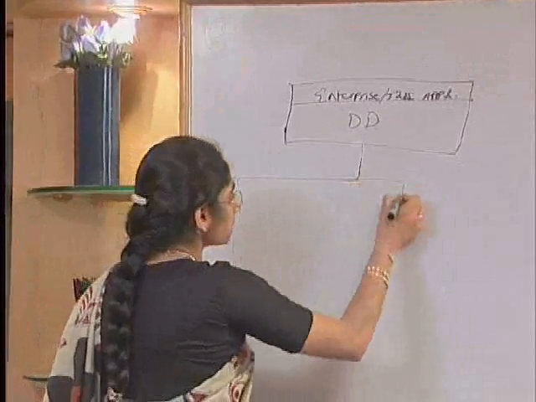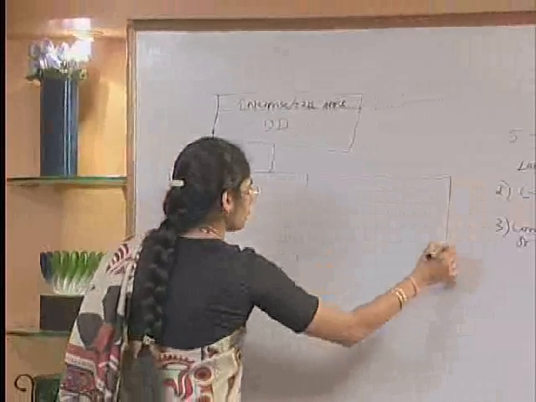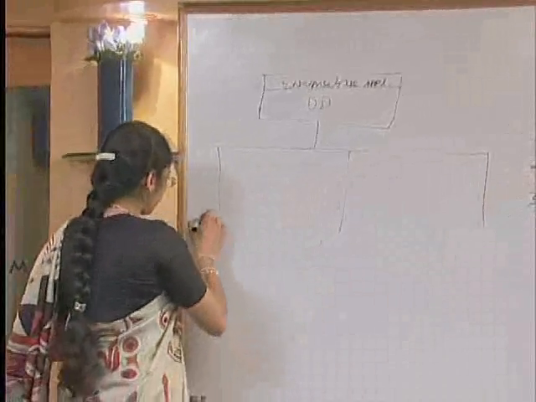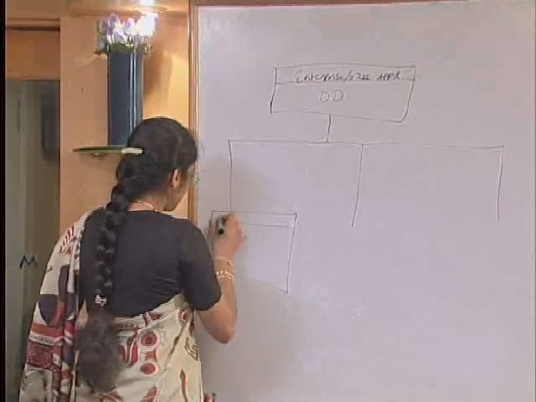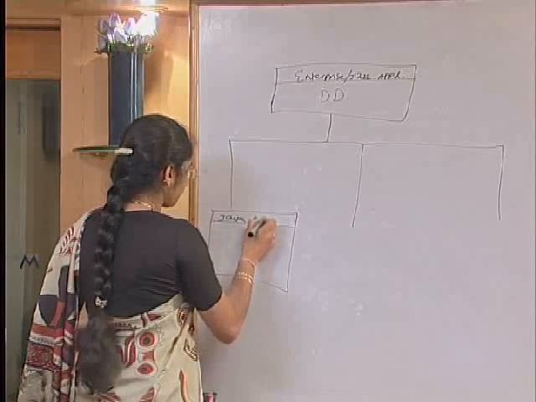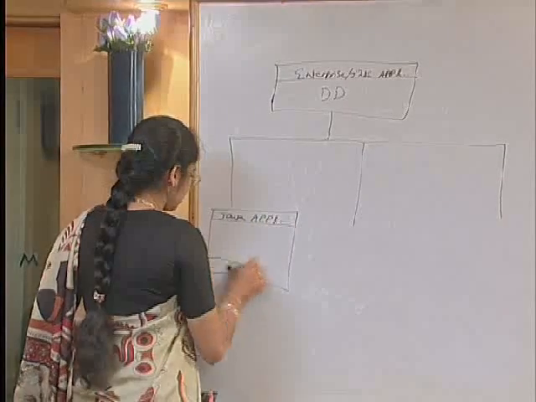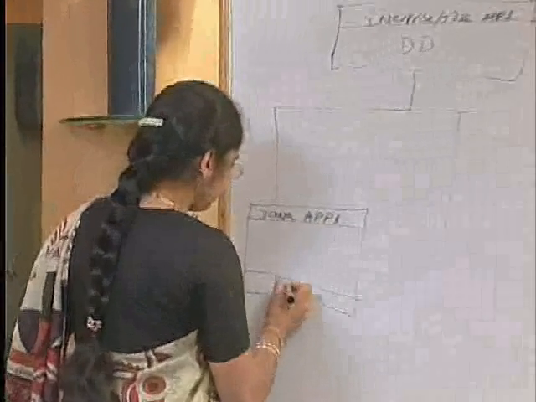A J2EE application consists of the following types of files. You could have a Java application which is a .jar file.